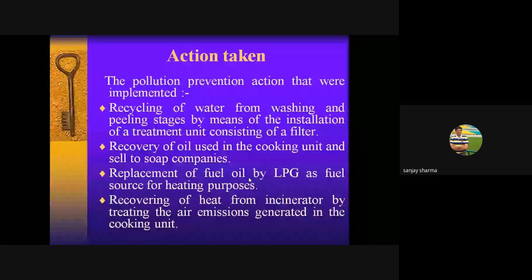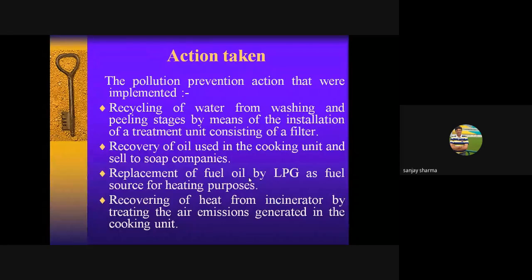It is not necessary that water reuse is always about cost of treatment of that wastewater. If you are reducing the load on the plant, you should take that into consideration too.